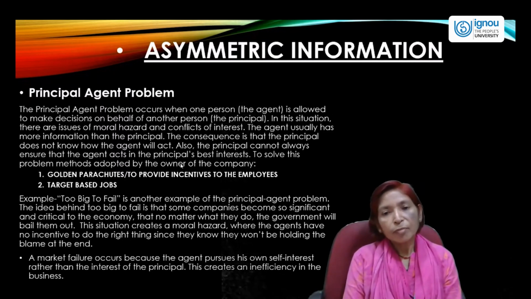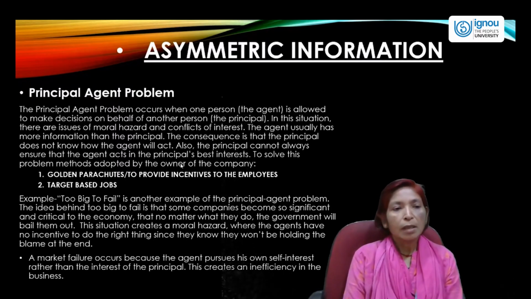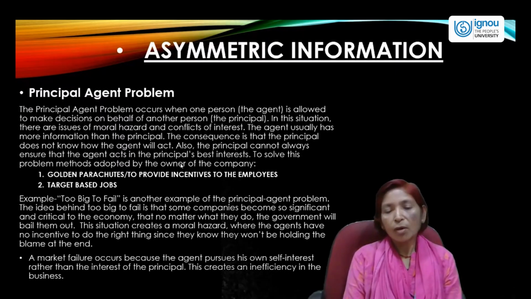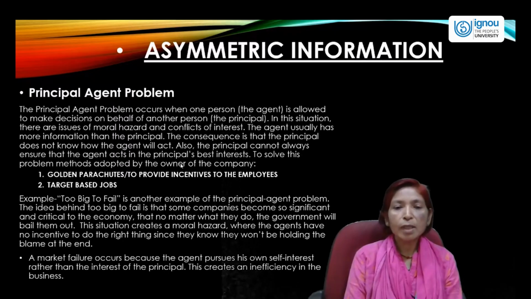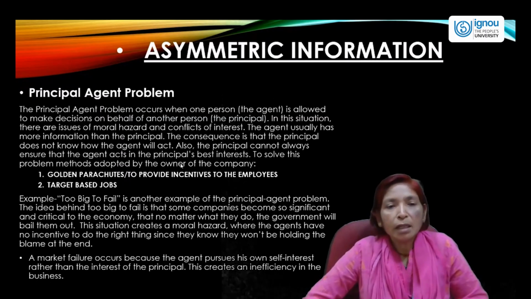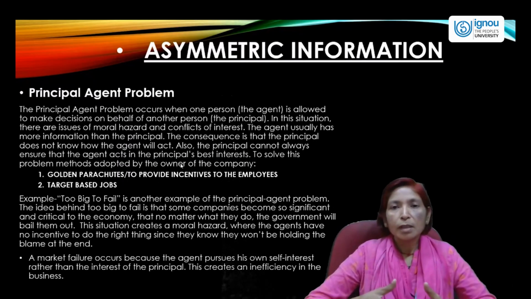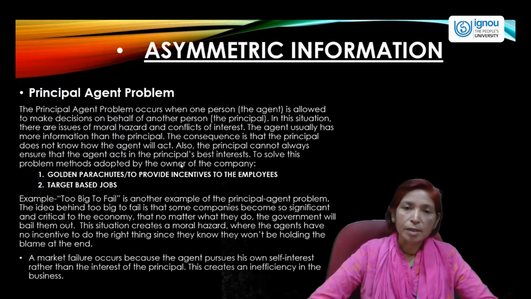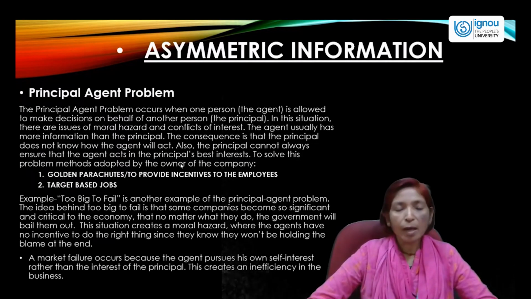To solve this problem, two methods can be used by the owner of the company. One is golden parachutes, or providing incentives to the employees, and the next is target based jobs. At present, to solve this principal agent problem, mainly target based jobs are provided by employers to employees.